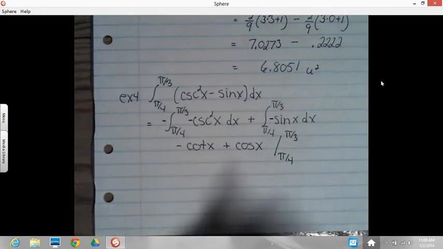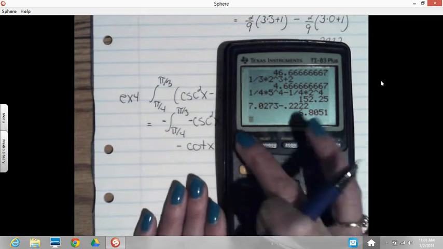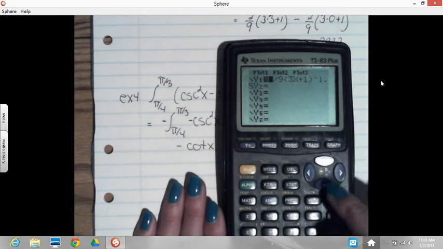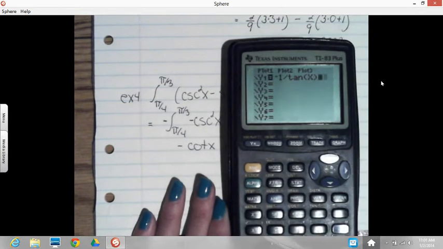So, check my mode, I'm good. Let's say I'm going to go to the y equals, because I've got to do 2 of them. Negative cotangent, which is 1 divided by tan x, plus cosine x.